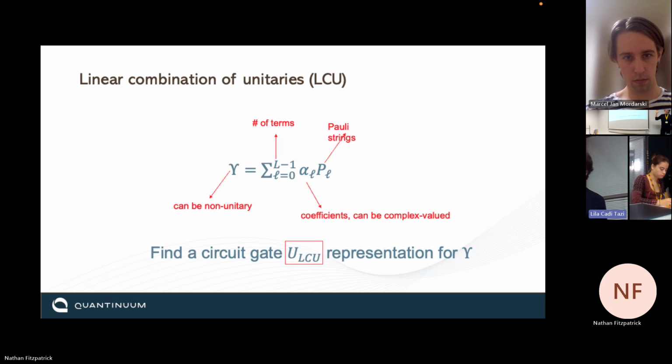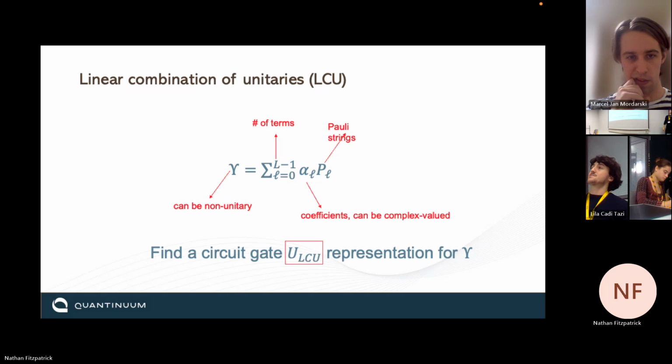But the very natural way from quantum chemistry problems is LCU, because obviously you start with your second quantized Hamiltonian, then you can do a Jordan-Wigner transform, and you naturally already have a linear combination of unitaries. And then you don't need to do anything extra, really.